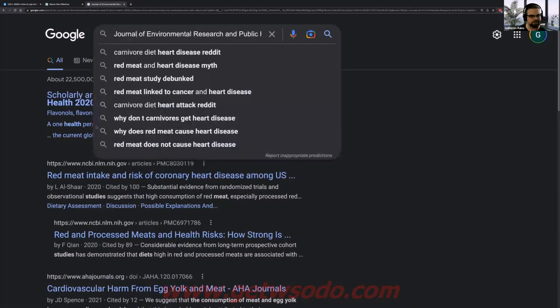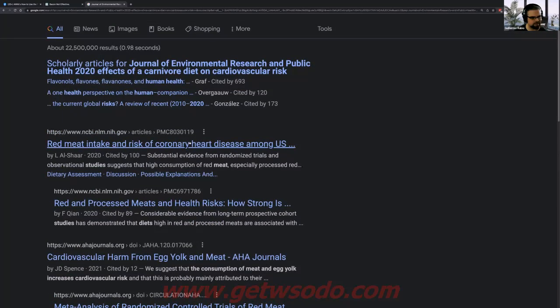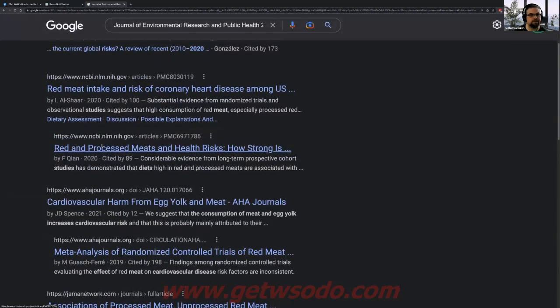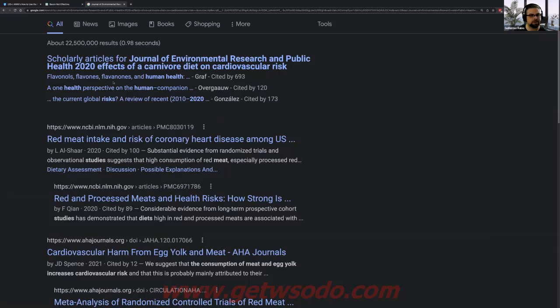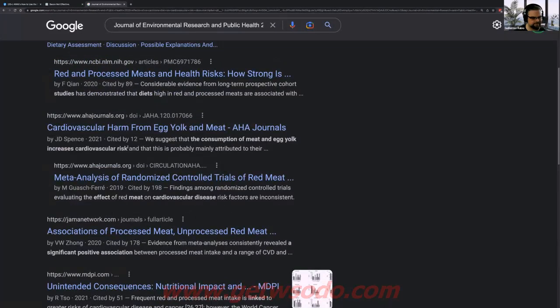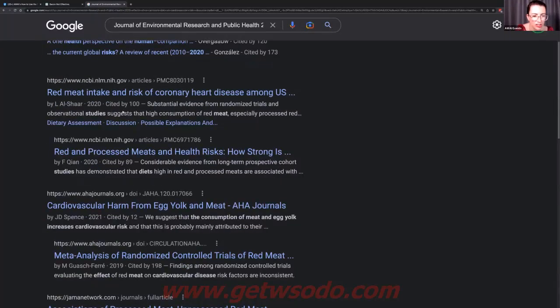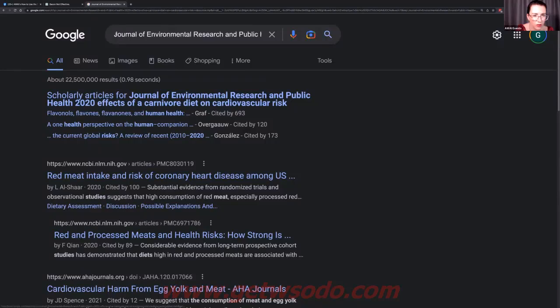So I typed that into Google. Here we have red meat intake and risk of coronary heart disease among. Oh, but is that the right study? See, I'm already having trouble finding the study it told me about. Did you put the word international? Because it had international in it. I'm not sure if you copied that over.